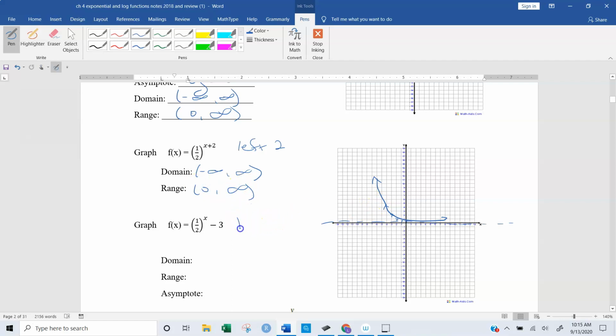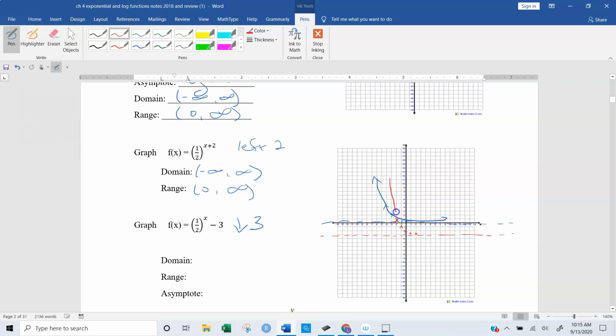Okay, next one, you should have gone down 3. So the first thing we're going to do is move this asymptote down 3. So at -2, we were at 4. So we're going to take 4 and go down 3. We were at 2, down 3. We were at 1, down 3. 1/2, down 3, and 4.